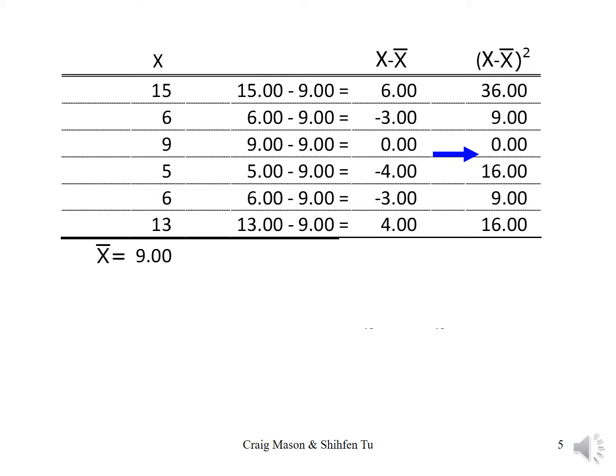These are our squared deviations from the mean, or just squared deviations for short. We add these up to get our sum of squared deviations from the mean, or sum of squares, which we can abbreviate just as SS. In this case, they sum to 86. Our sum of squares is 86.